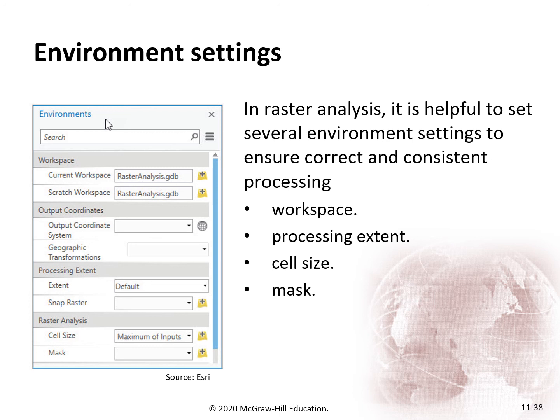You can use things like masks and processing extents to control what data gets analyzed and what doesn't, to make the processing extent smaller, so that there's less data to work with, and you can basically clip it down to the area of your mask or the area that you want to do the calculations on. It can save a lot of time, and it can also save you a lot of steps.